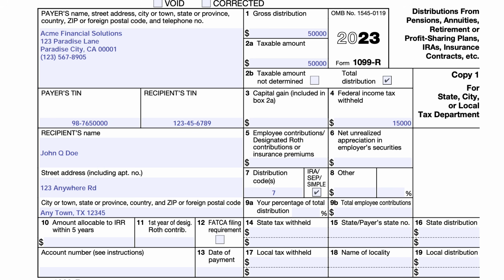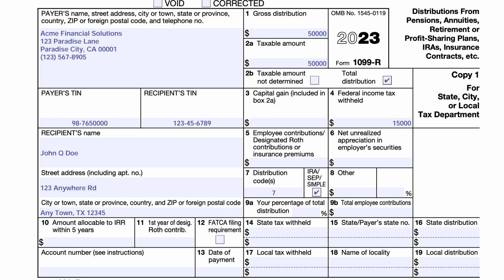Basically, if the financial institution or your employer or the payer determines that that distribution was not taxable, then you would see only the taxable amount here.